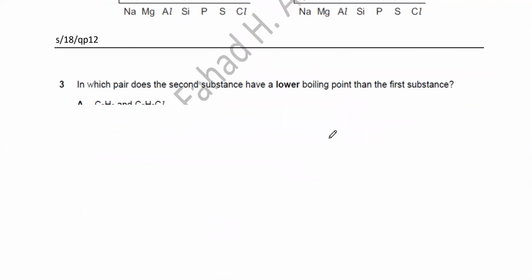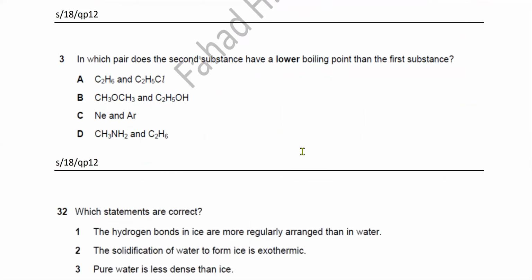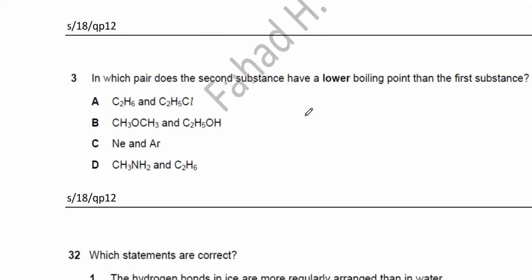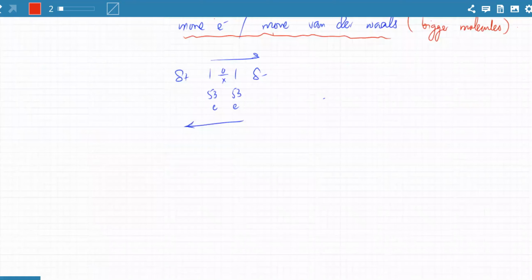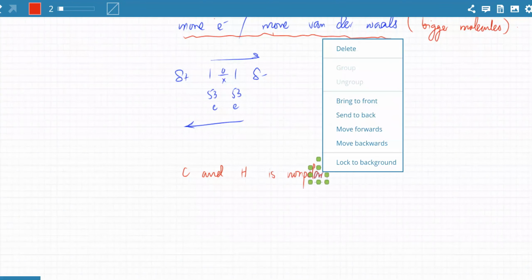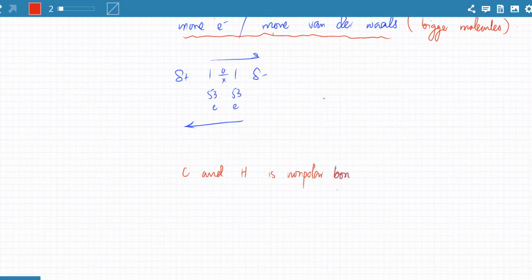Now, forget this one. It's saying which pair has a lower boiling point than the first substance. One other thing that I should add over here is that remember the C and H bond is non-polar, which means they have almost the same electronegativity. What that means is that when you see a CH bond, the electrons are evenly distributed.